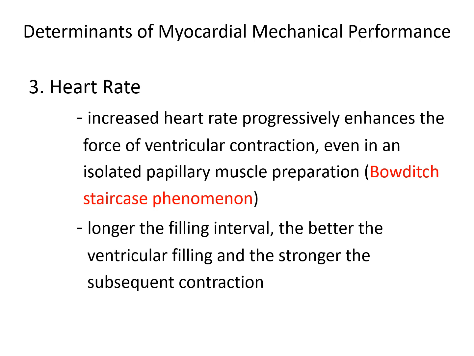So after the Frank-Starling mechanism, which discusses diastolic stretch and the contractility of the heart, the third determinant of myocardial mechanical performance is the heart rate. If you remember, cardiac output is stroke volume times heart rate.